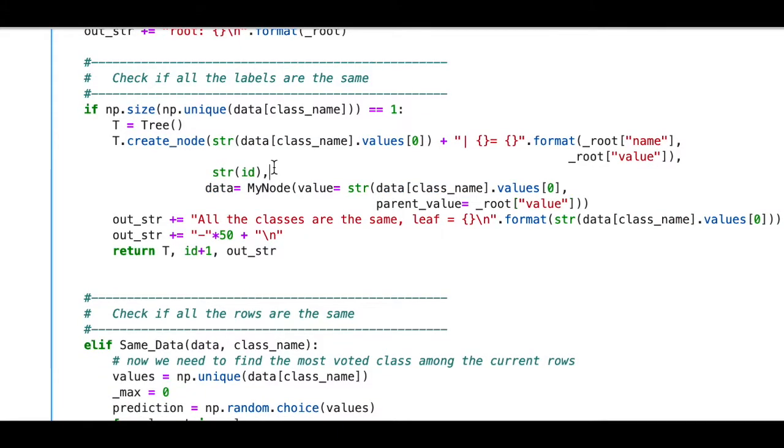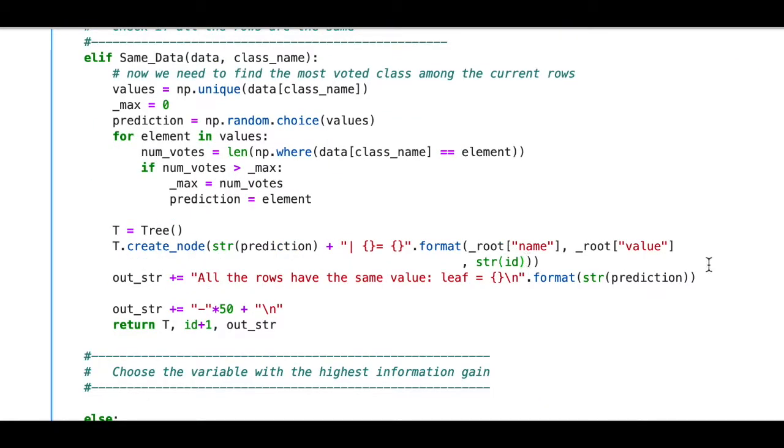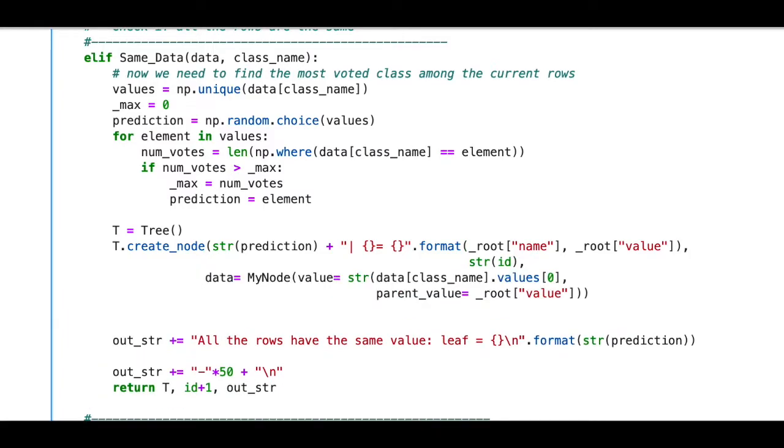Okay, something similar we are going to do in the next part where we create a node, which is here. In this case it's the prediction, the value of the node.